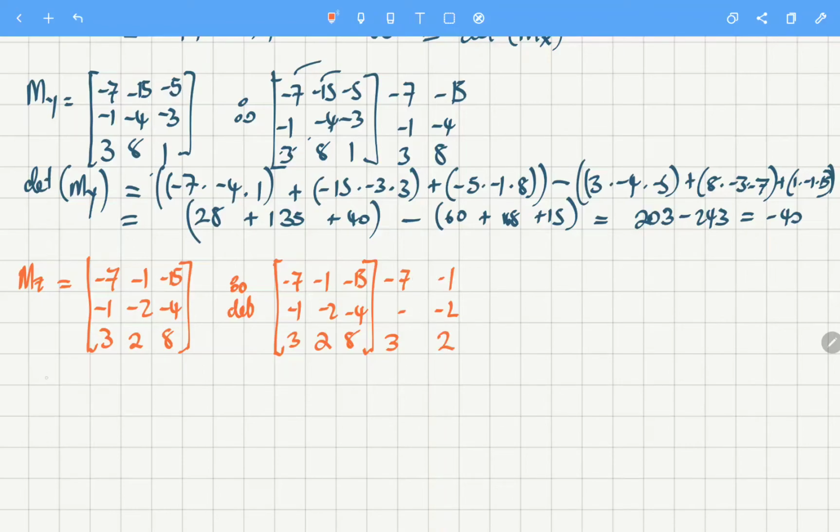Right, so finding the determinant of mz. So minus 7 times minus 2 times 8, plus minus 1 times minus 4 times 3, plus minus 15 times minus 1 times 2.